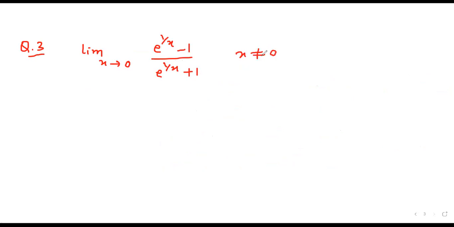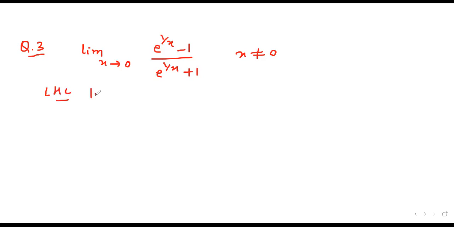Consider question number 3. Question number 3 says, limit x tends to 0, (e to the power 1 upon x minus 1) divided by (e to the power 1 upon x plus 1), where x does not equal 0. So we try to get LHL and RHL.